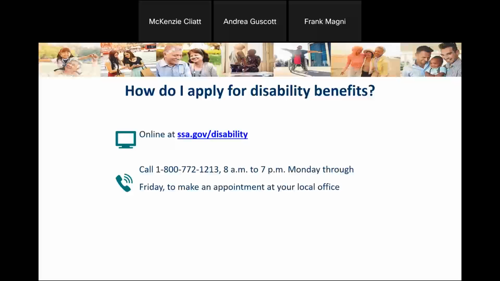It does vary from office to office, especially within the state of Pennsylvania. In some cases, you can get an appointment within a week or two. In other cases, it can take sometimes 30 to 45 days to get this type of appointment. So by applying online, by providing the information through an internet portal, you bypass that time to wait for the interview.